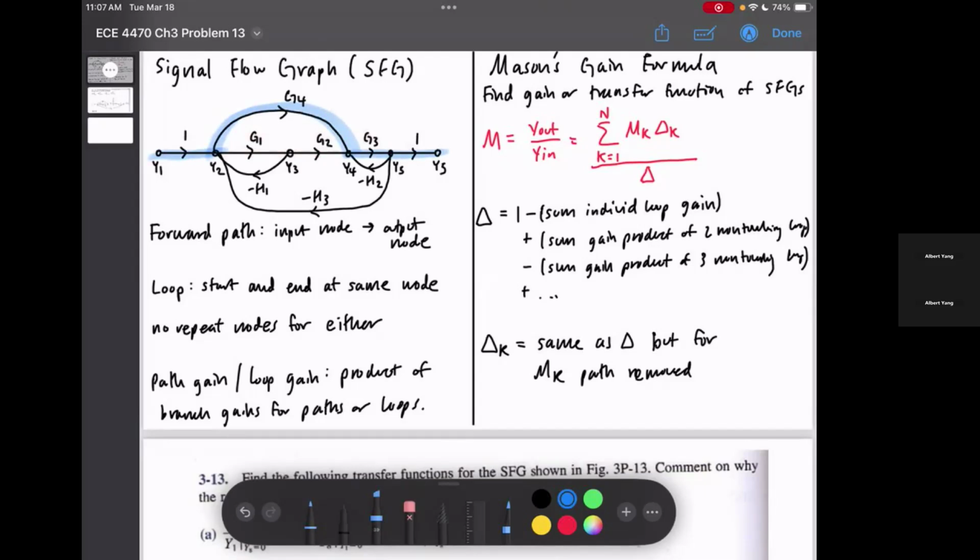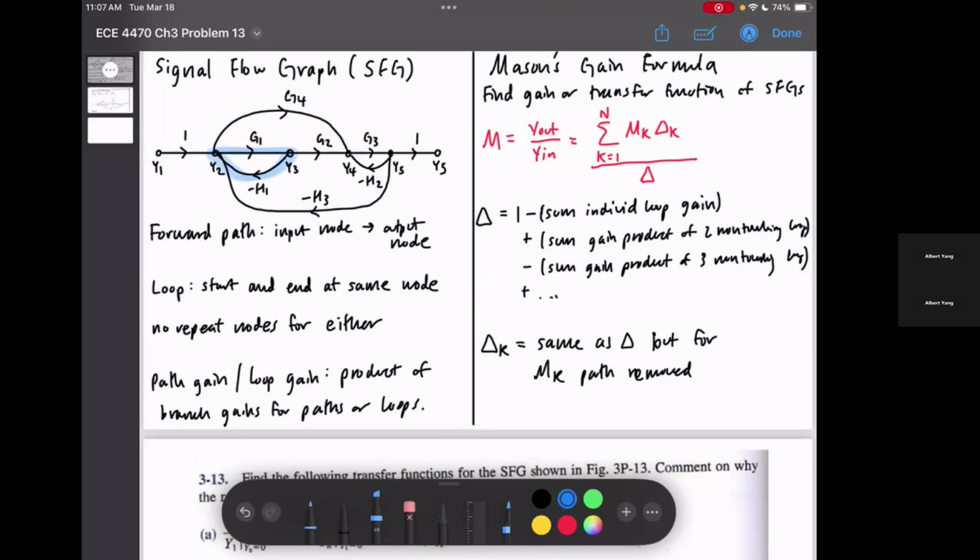And then the next part that's relevant to Mason's gain would be the loops. So a loop is when you start and end at the same node without repeating nodes. And this, unlike the forward path, does not need to start at an input node. So one example would be Y2 to Y3, and it just goes back to Y2.